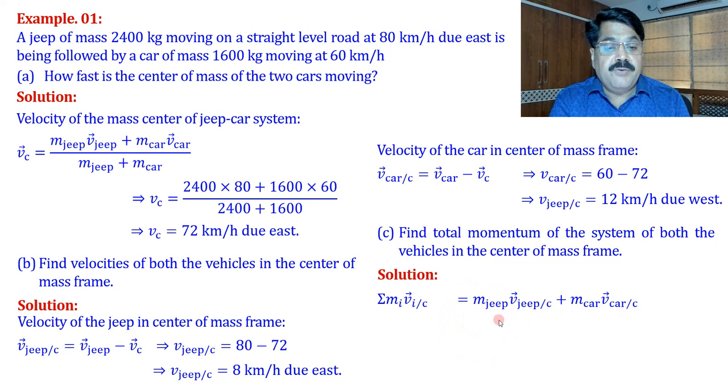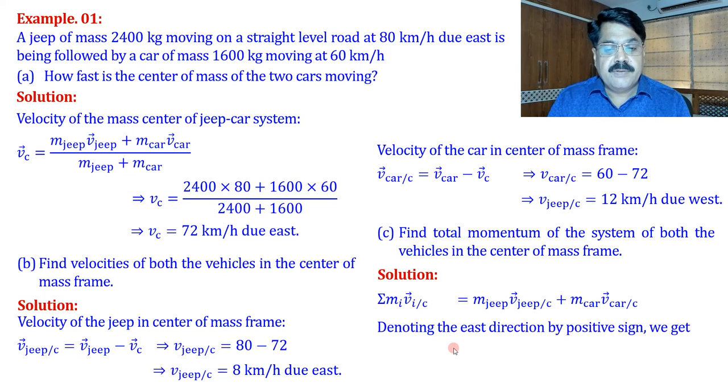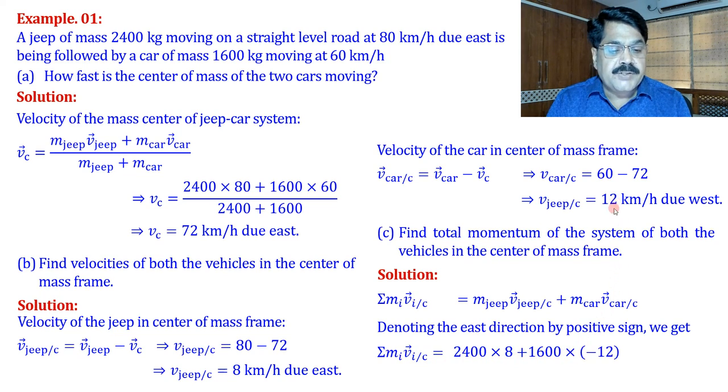Now we substitute values in scalar notation. We take east to be positive and west to be negative, so this velocity will have a positive sign and this velocity will have a negative sign. Denoting the east direction by a positive sign, we get summation mi vi with respect to c as 2400 into 8 plus 1600 into minus 12, and by solving this you will get 0.